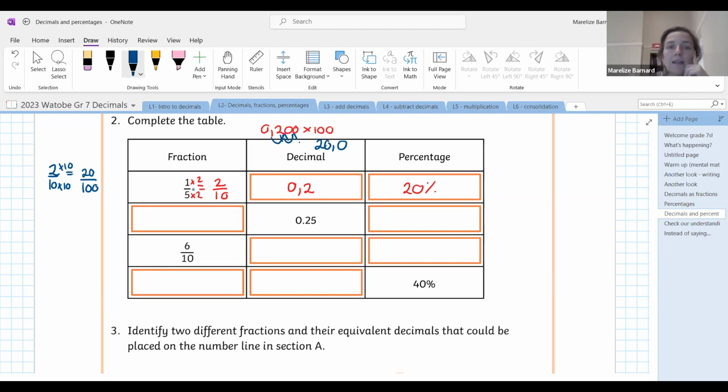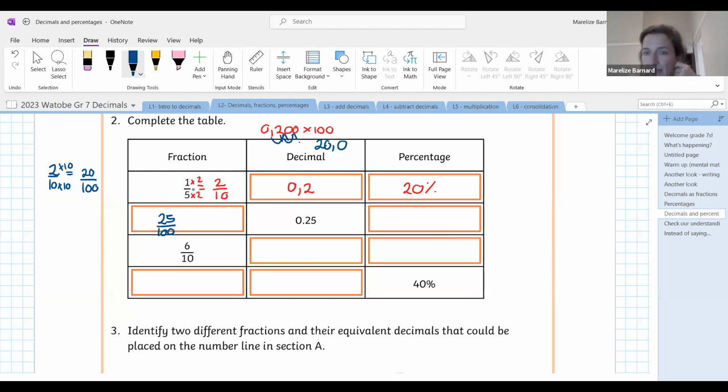All right, let's give the next one a go as well. Let's see if you understood. So 0,25, what is that as a fraction, and what would that be as a percentage? It's already over 100. Perfect. So 25 over 100, 25 hundredths.